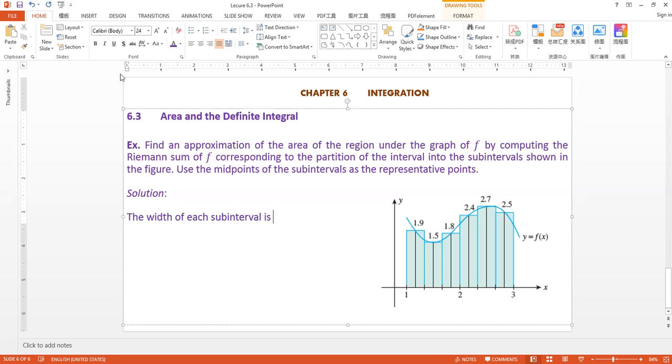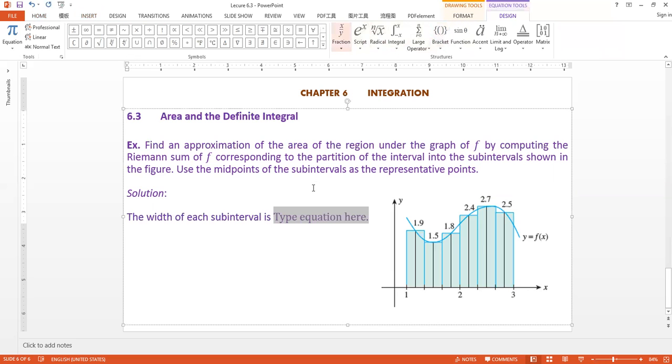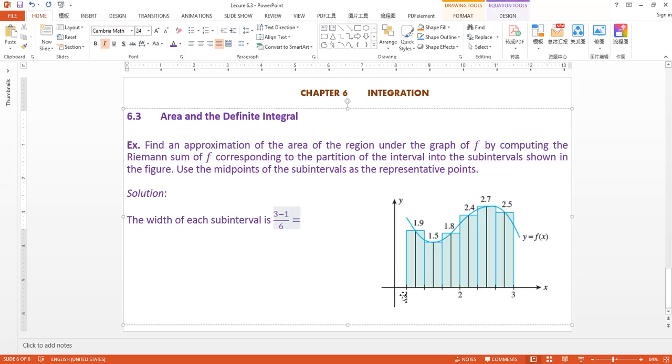The total length of the interval from 1 to 3 is 3 minus 1, which is 2. We divide it into 6 equal parts, so the width of each subinterval is 2 over 6. That's the width of each rectangle.